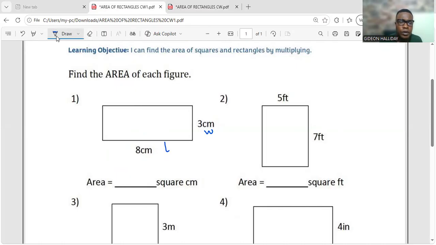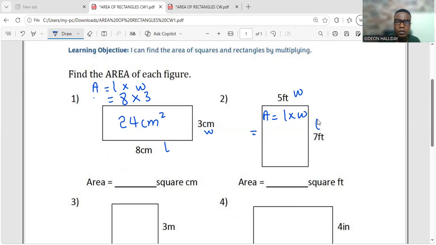So area is length times width, and that is 8 times 3, which is 24 centimeters square. How about this one? This is the length, this is the width. I like to use the longest side as the length. So area equals length times width, and that's 7 times 5, which is 35.